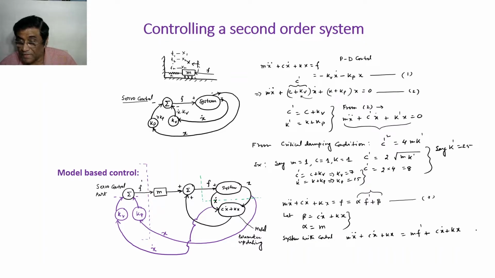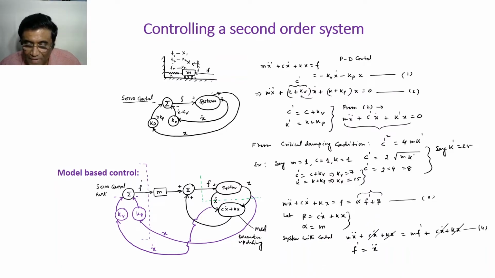So now see what is happening. This cancels out. This cancels out. Divide by m on both sides. Then x double dot becomes a prime. So this is the trick, a great thing we have done.